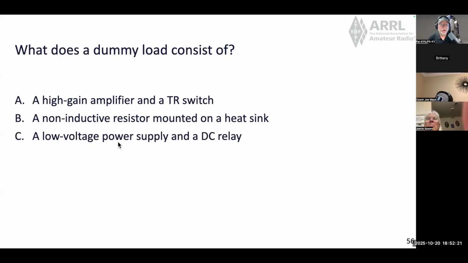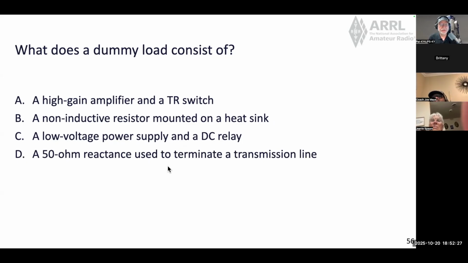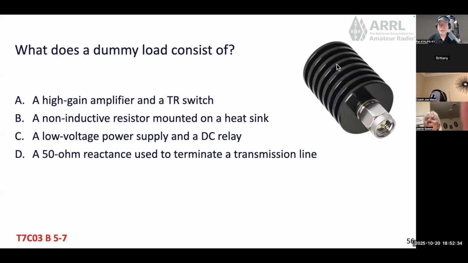Hmm. And low voltage power supply and a DC relay, nope. A 50 ohm reactance used to terminate a transmission line, nope. The answer is going to be B. And here's the picture. Inside that is a resistor, and then these rings are just heat sinks.